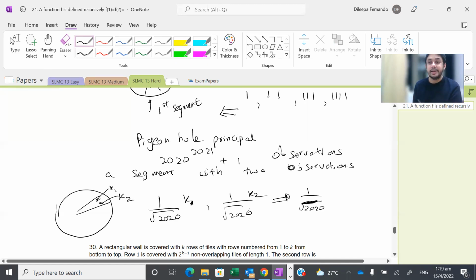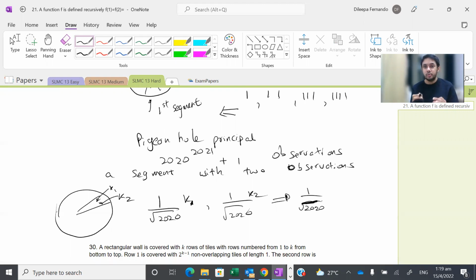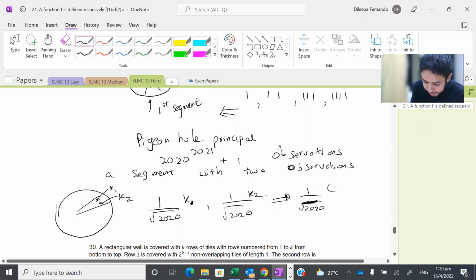So you consider an arbitrary segment and use the difference to locate it to segment 1. So without loss of generality, K2 greater than K1.